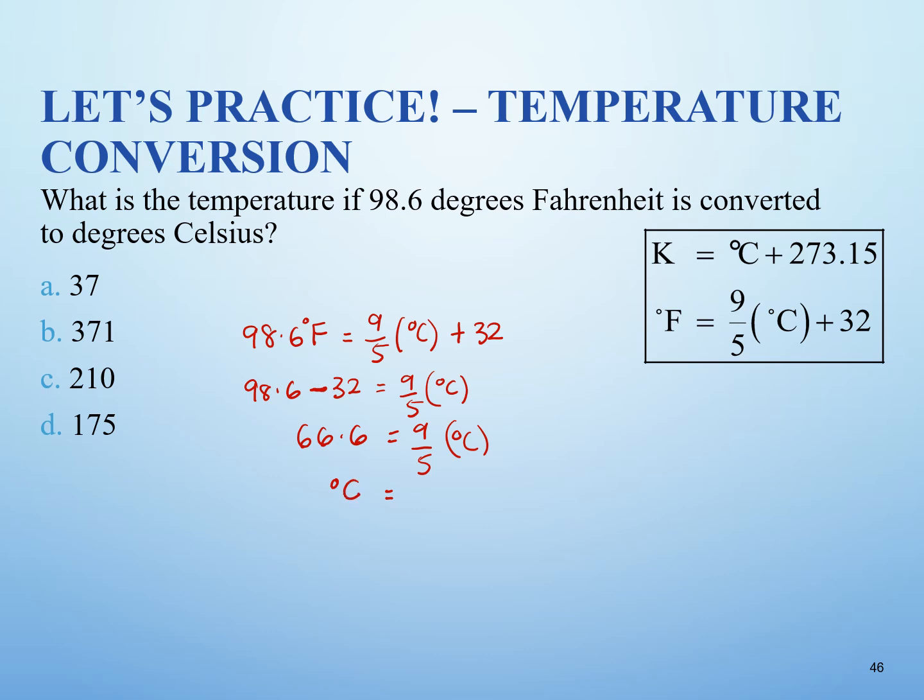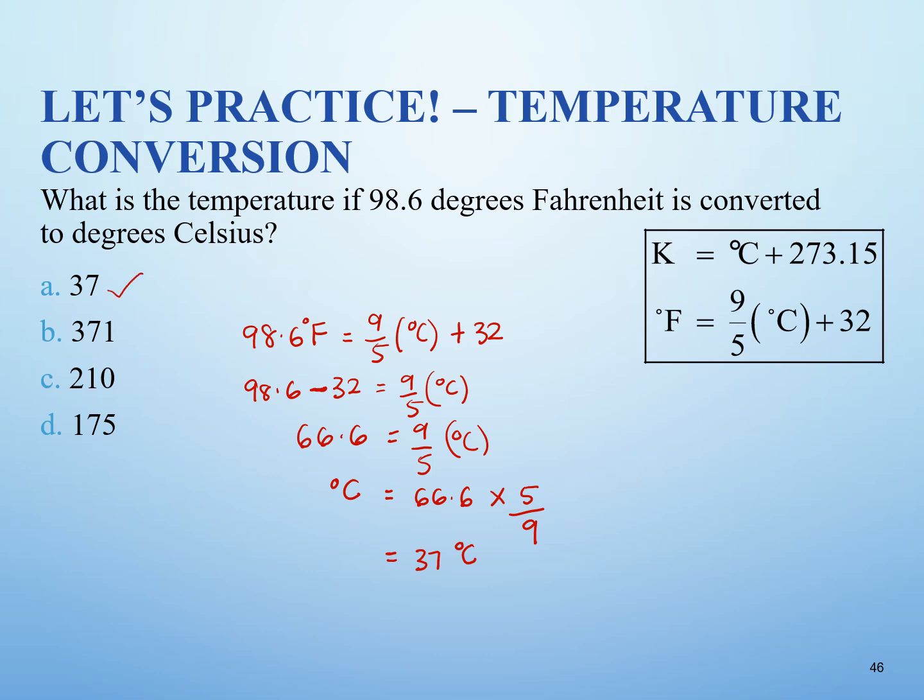The Celsius answer would be 66.6 times 5 and also divide by 9. That's just algebra right there. And that should give us our answer, which is 37 degrees Celsius. Exactly 37. So that would be my answer A here.